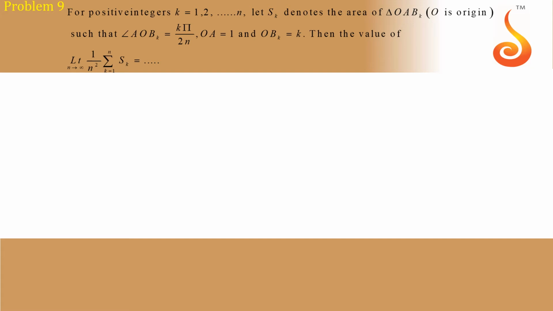Then the value of limit n tends to infinity 1 by n square sigma k equal to 1 to n S_k is dash. So what we are saying, we have origin, OA length is 1, angle OAB_k, see this B1, B2, so on like that, B_k, this angle is given as k pi by 2n.